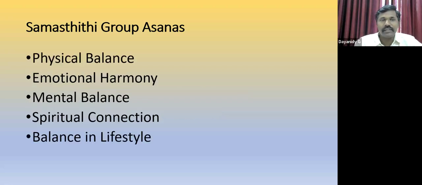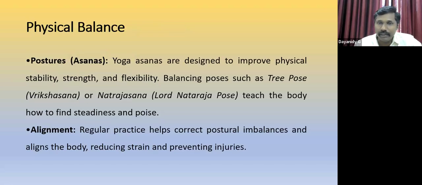What do these asanas actually give? Physical balance, emotional harmony, mental balance, spiritual connection, and balance in lifestyle. How is physical balance given? The yogasanas are designed to improve stability, strength, and flexibility. For example, asanas like Vrikshasana and Natarajasana help to find stability and poise. In some asanas we do both sides, right side and left side, as complementary asanas.